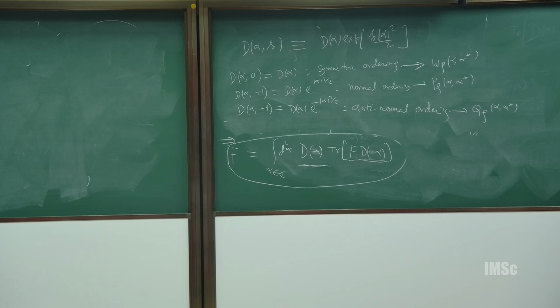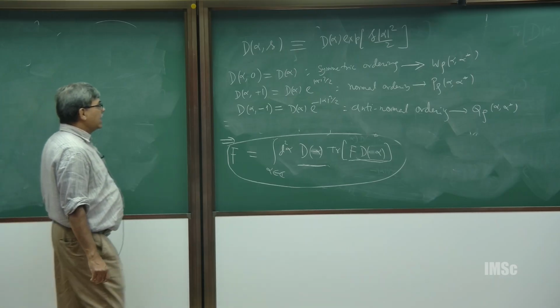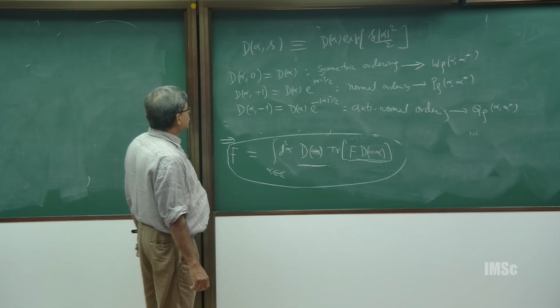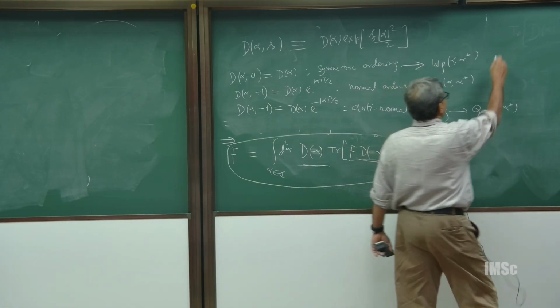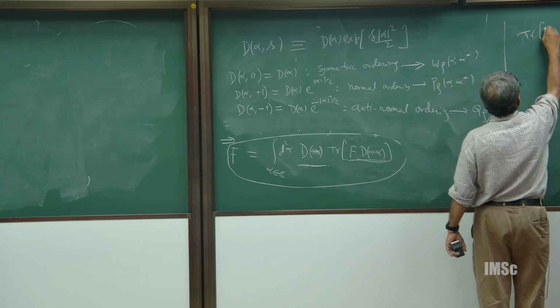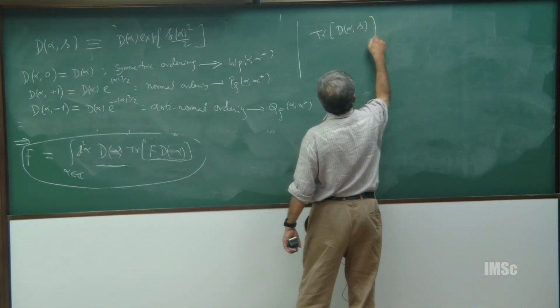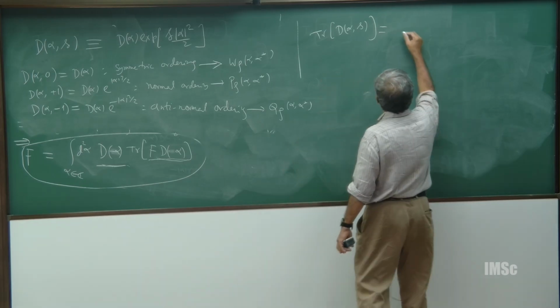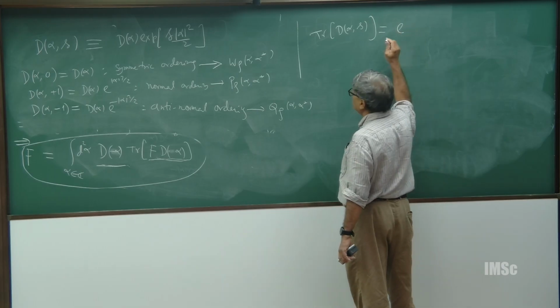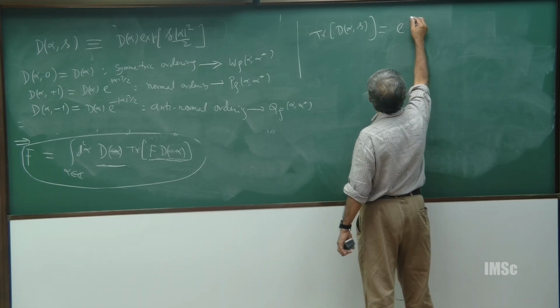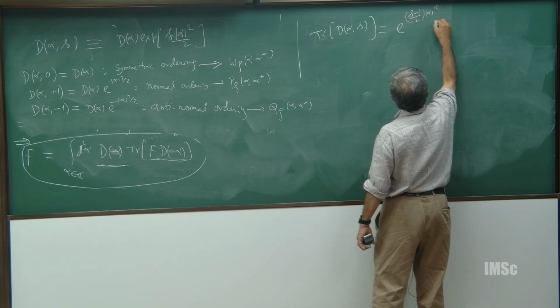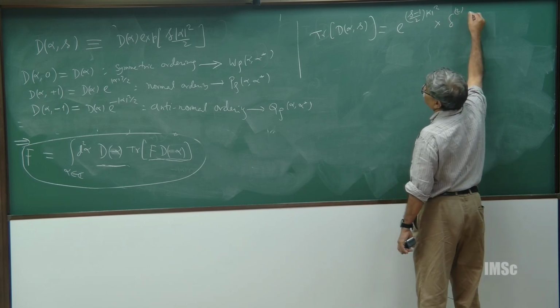Now, what can I say about this? The trace of D of alpha, s is of course very simple: e to the power (s minus 1) by 2 mod alpha square, times delta 2 of alpha.